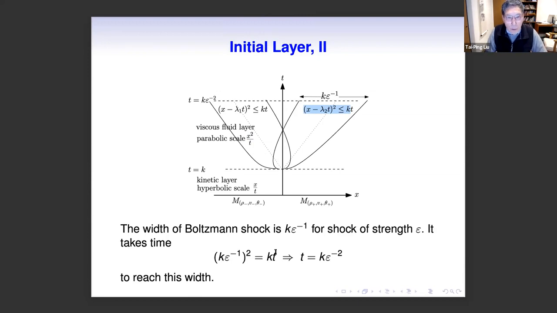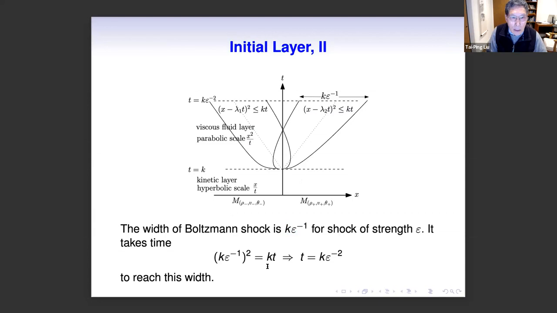Now, since we will eventually want to study the nonlinear wave, say if we have a Boltzmann shock, then its width is k epsilon minus 1. If it's a weak wave, epsilon small, then the shock wave will become very wide.